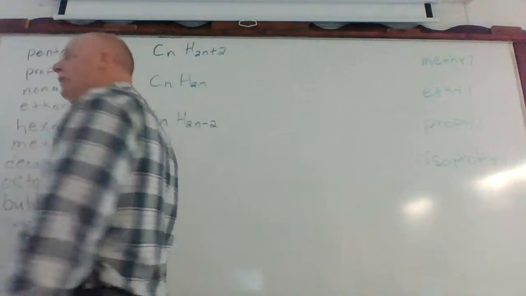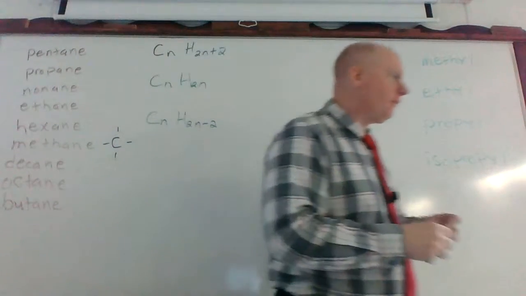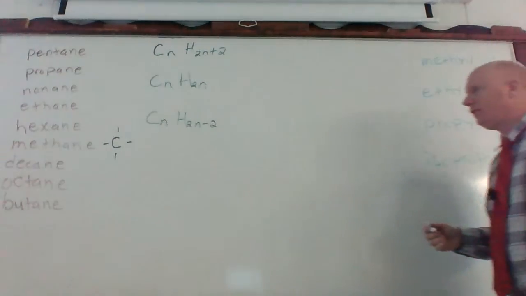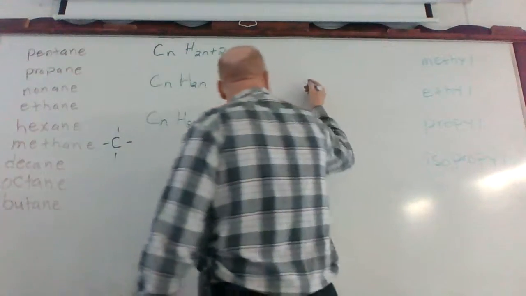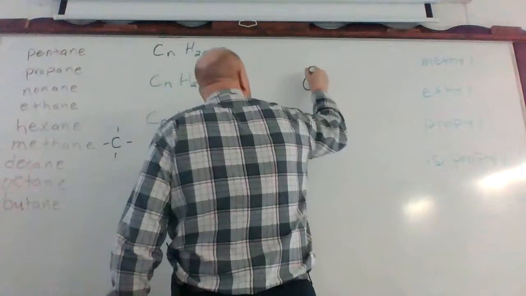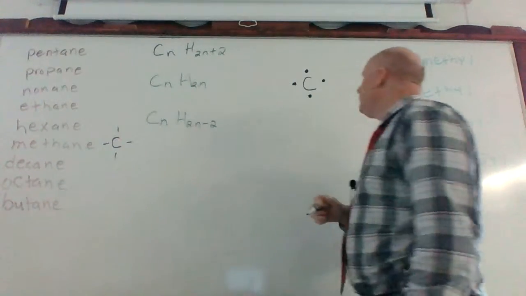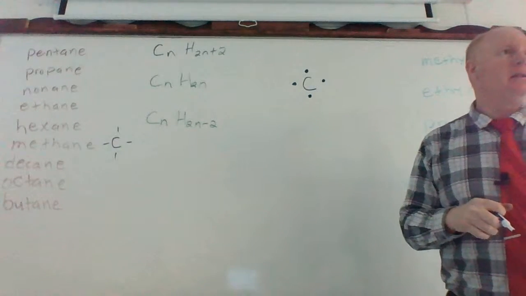Okay, what column is carbon in? It's in the 4th column. So therefore, it wants to make how many bonds then? 4. Okay? So if we really turn back the clocks, this is probably in physical science as well, column 4, those are the 4 valence electrons for carbon, correct?